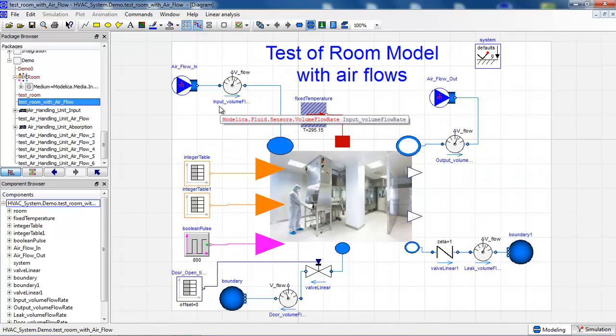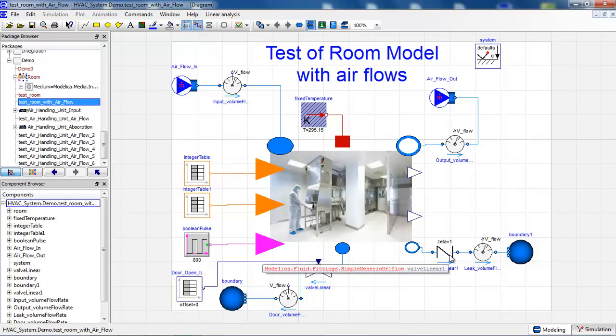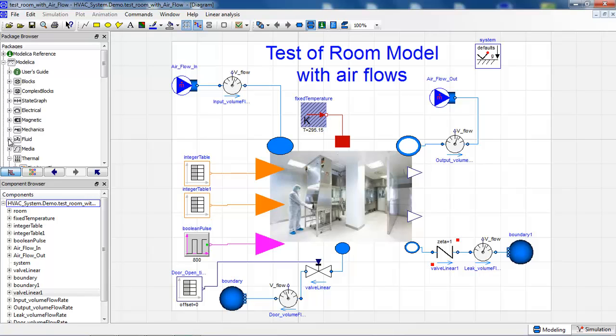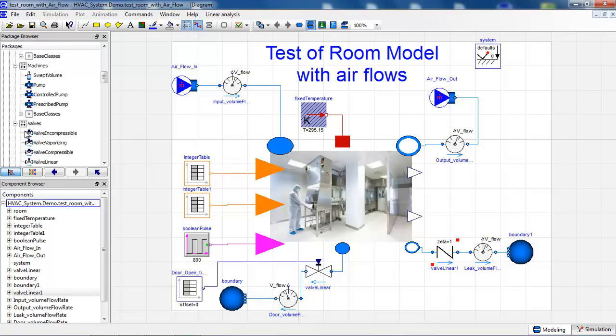I will go through other things, and I will add some airflow in and airflow out in my room, and some leaks here. The leaks are parameterized using pressure loss here, zeta, that can be found in the Modelica fluid library here.